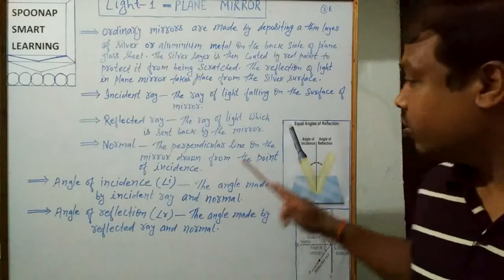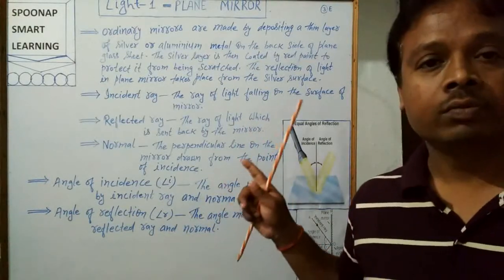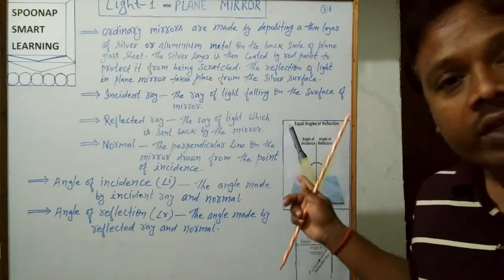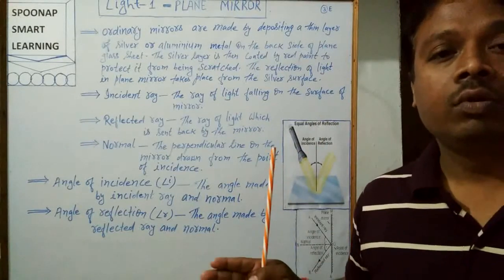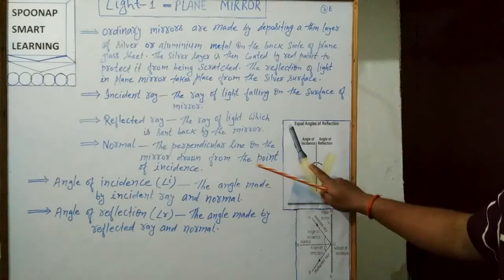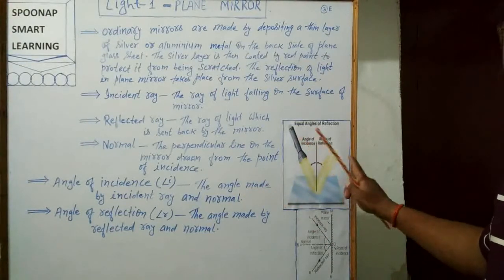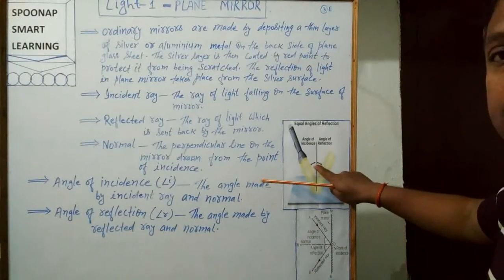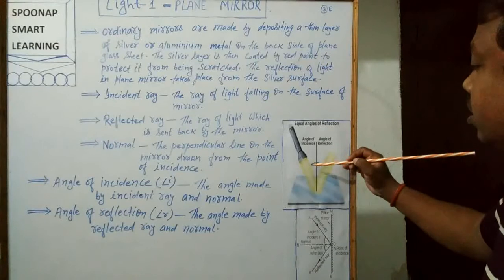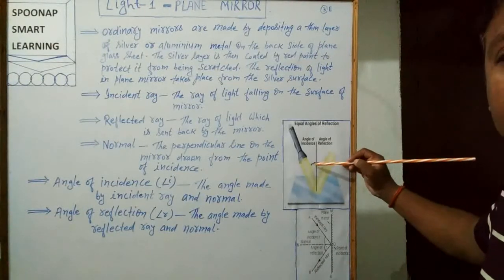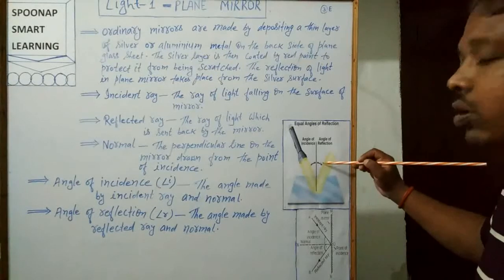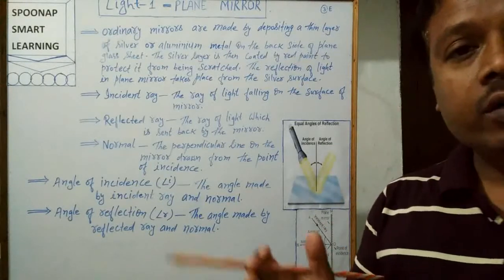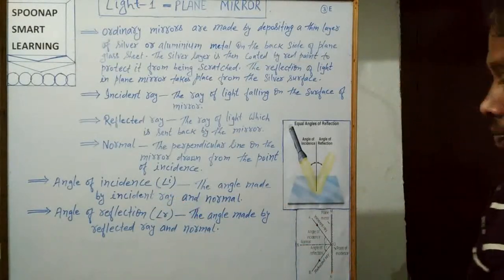And remember, this normal divides the angle between the incident ray and the reflected ray into two equal halves. That means the angle between the incident ray and the normal is equal to the angle between the reflected ray and the normal. We can say that the angle of incidence is equal to the angle of reflection, because the normal divides it into two equal halves. Clear?